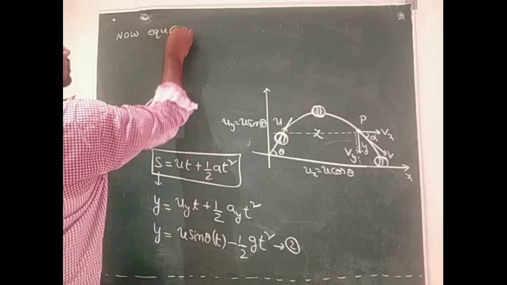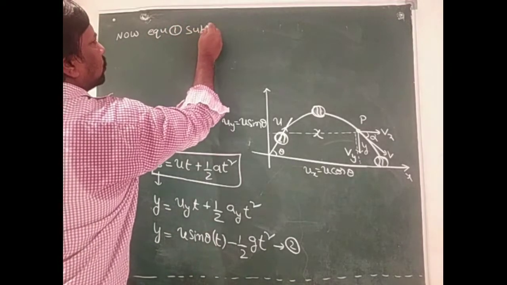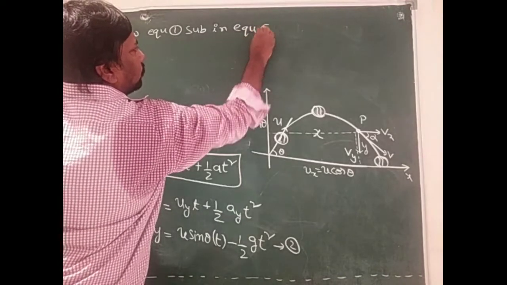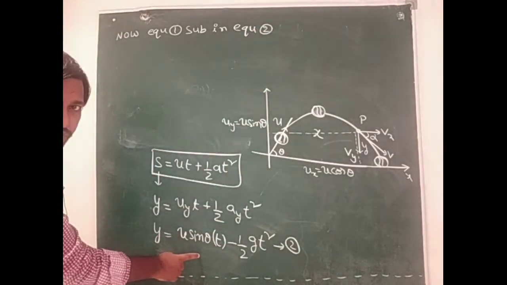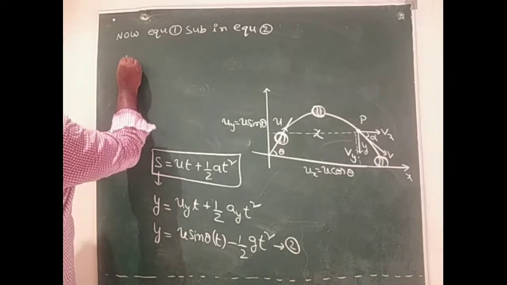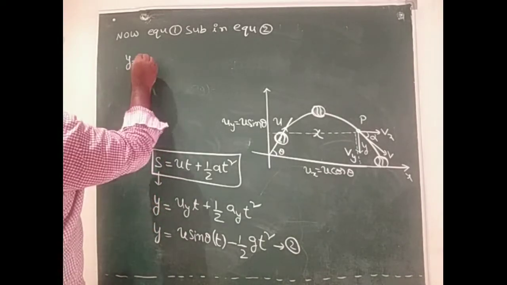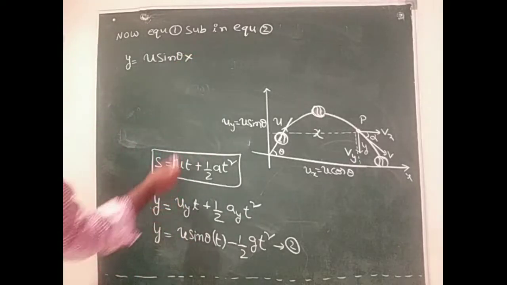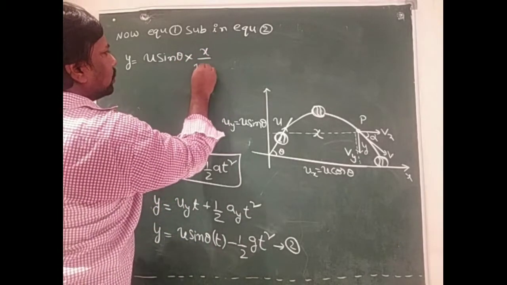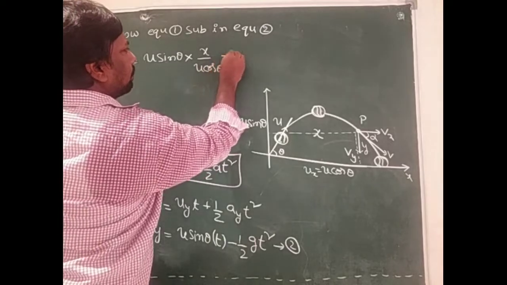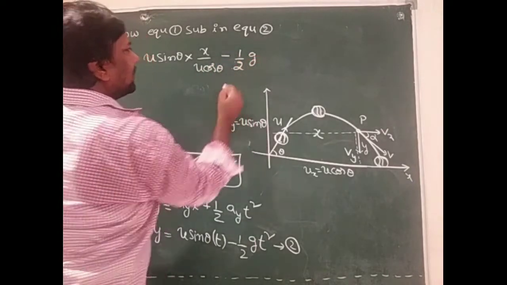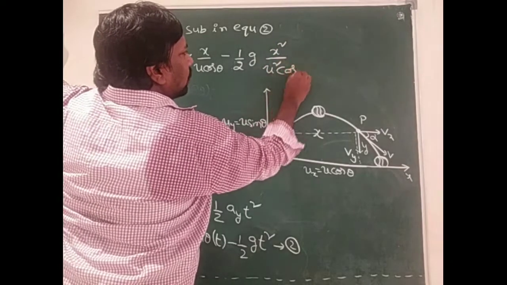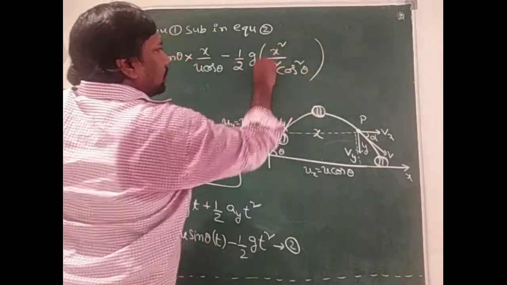Now, equation 1 substitute in equation 2. So this is the equation number 2. Therefore y equal to u sin theta into t, means x by u cos theta, minus half g t square, x square by u square cos square theta.